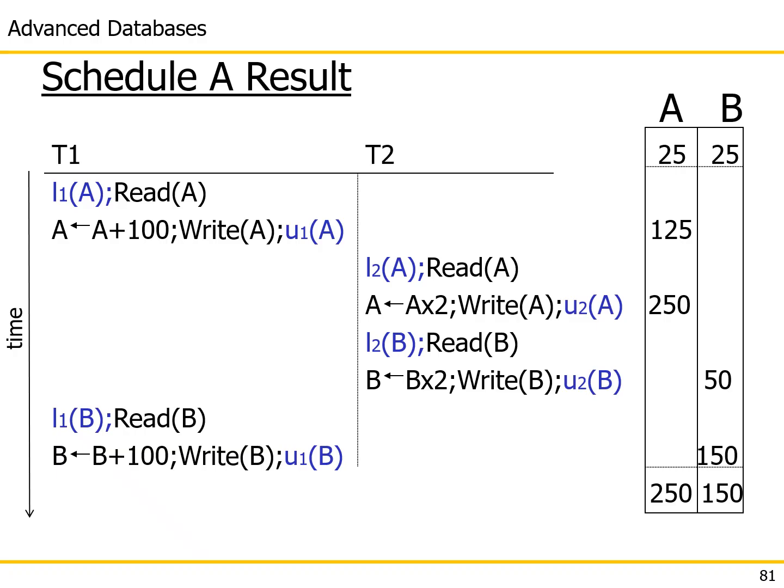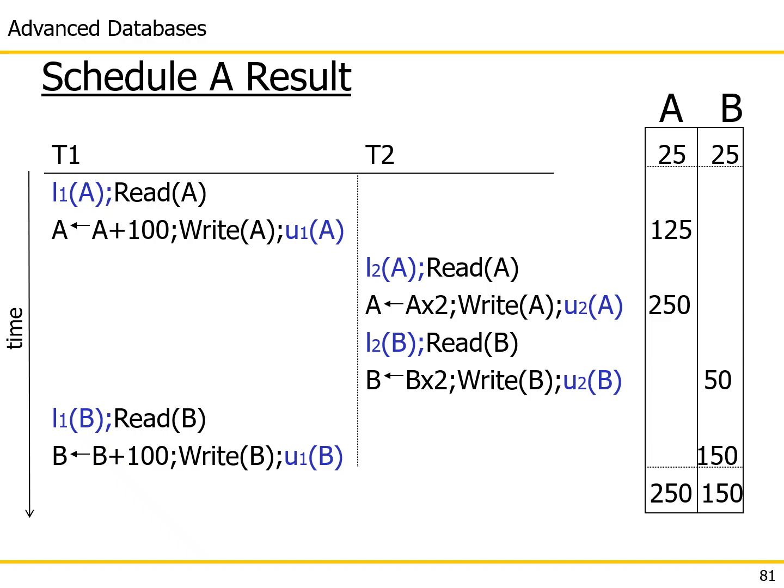Because either we add the 100 first, making the 25 125, and then we multiply by 2 for both of them, so it's 250, 250, that's the serial schedule T1 followed by T2. Or we do T2 followed by T1, so we multiply by 2 first, so the 25 becomes 50, so 50 and 50, and then add 100, so it becomes 150, 150.